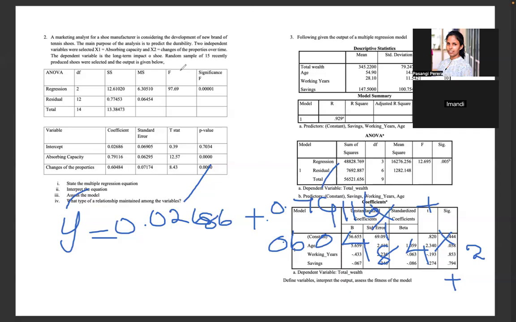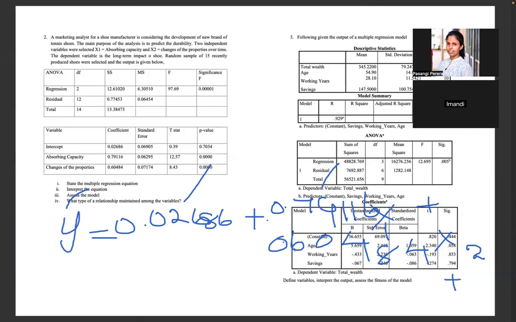The main purpose of the analysis is to predict the durability. So durability will be the dependent variable, which will be explained by this much. The wording I gave earlier, you have to match the variables accordingly and write. The independent variables will be absorbing capacities and the changes of the properties, and the dependent variable y is the shoe durability.